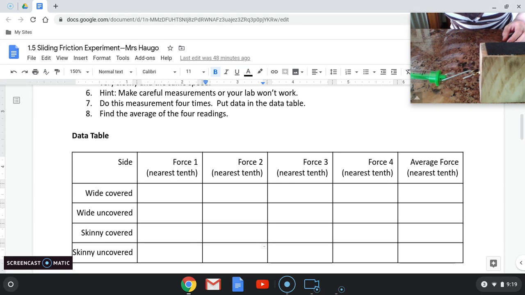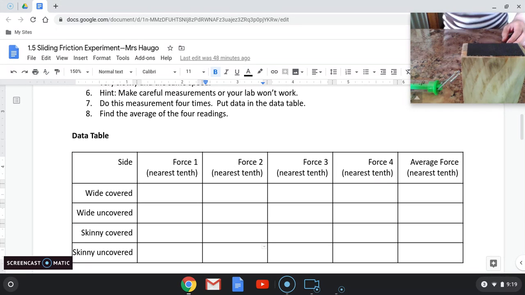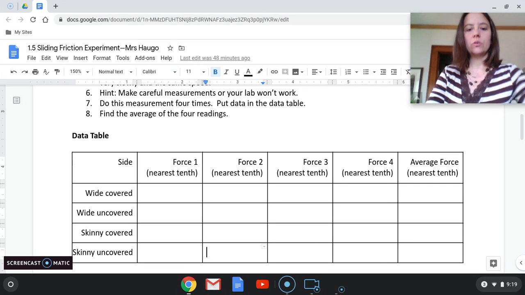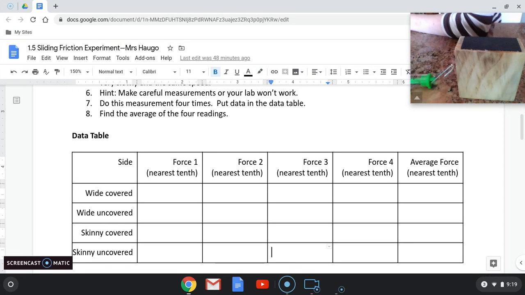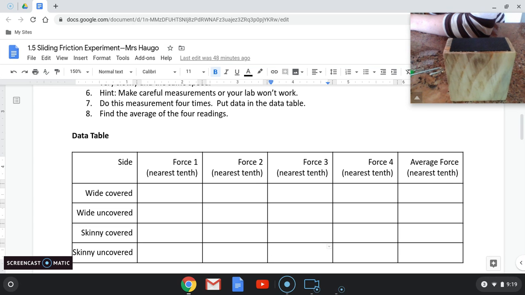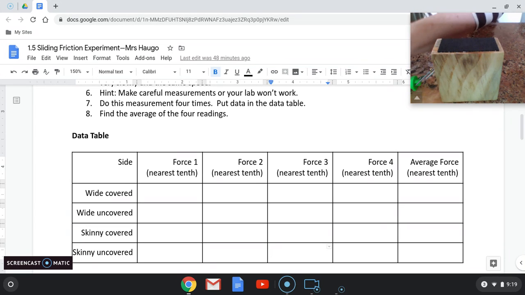Moving it very slowly, it is between 0.1 and 0.2, 0.2. So for trial 2, please write 0.2 newtons there, and then trial 3. It is again 0.2 newtons.